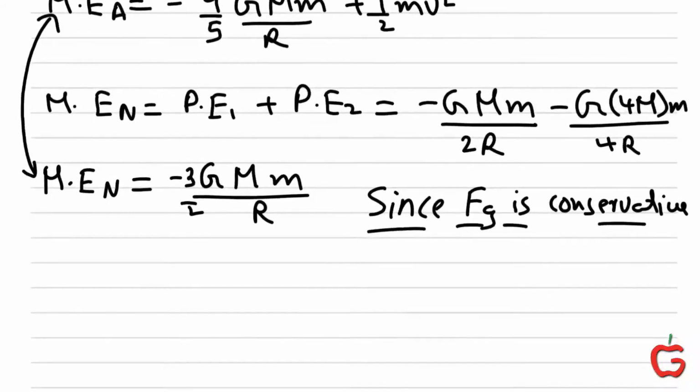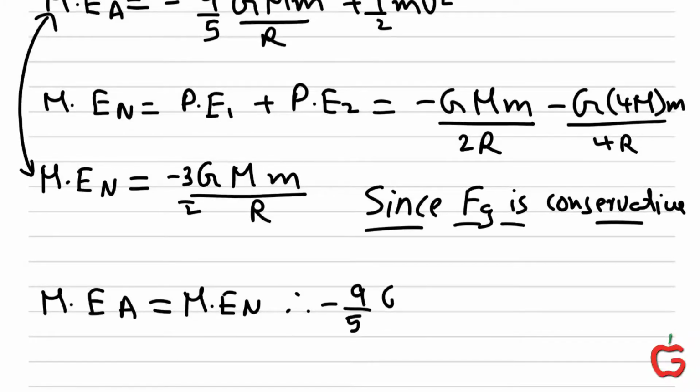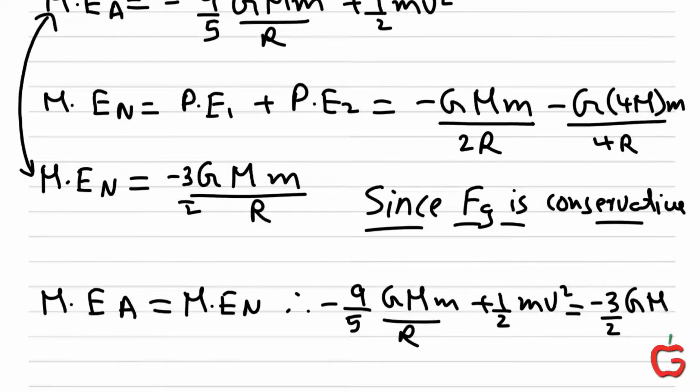So the two energies we are going to equate are mechanical energy at A and mechanical energy at N. Therefore, minus 9 by 5 G m m by r plus half m v square is minus 3 by 2 G m m by r.